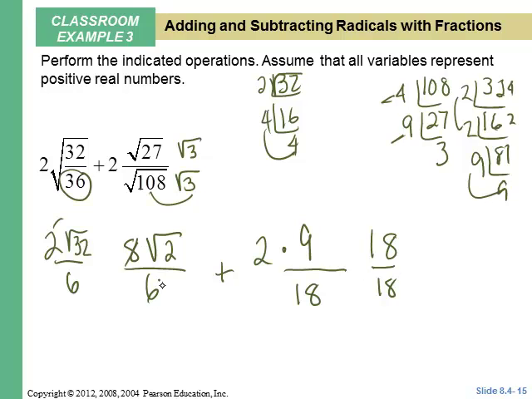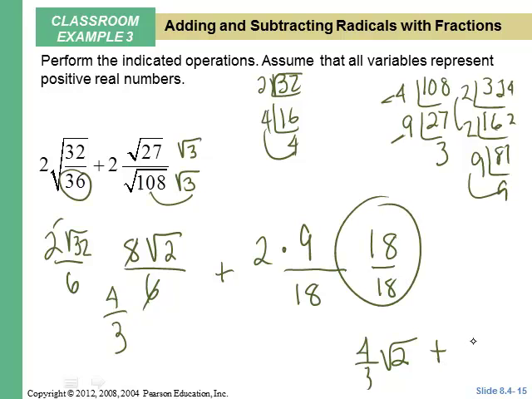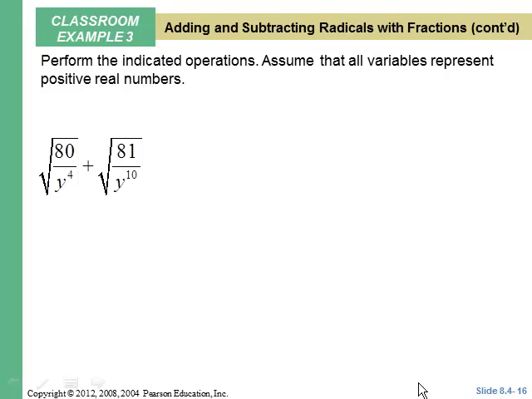So our answer is, let's simplify this, 4/3 root of 2 plus 18 over 18, which is 1. Now I suppose we could write this as 3 over, and then put the whole thing over 3 also. It doesn't matter which way you write that one.